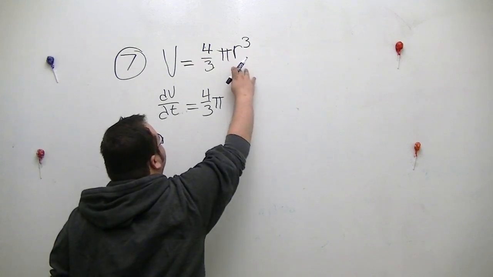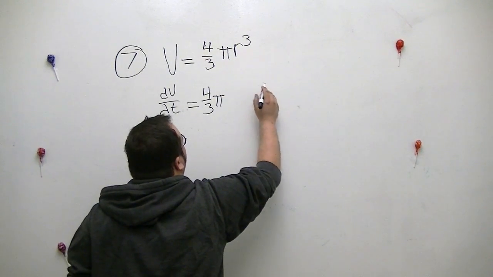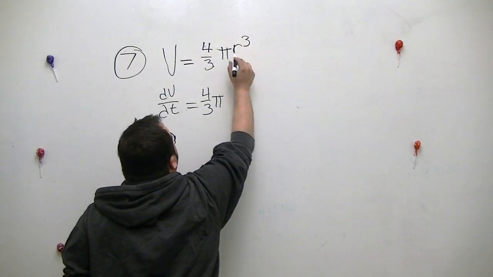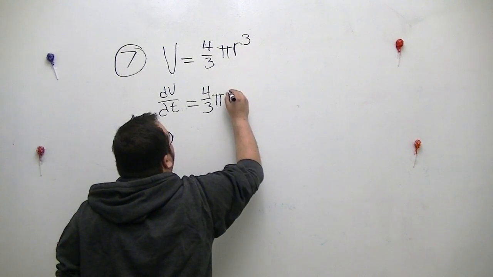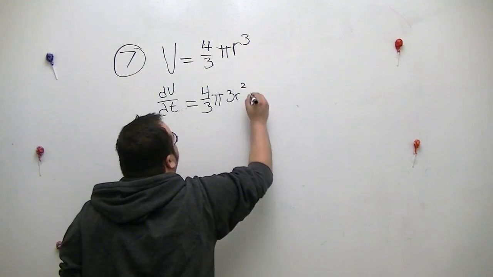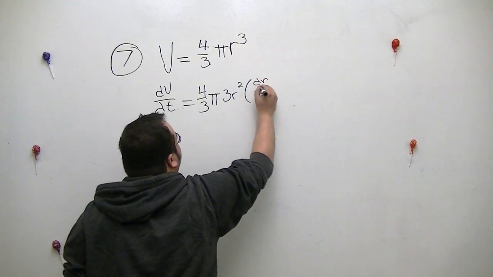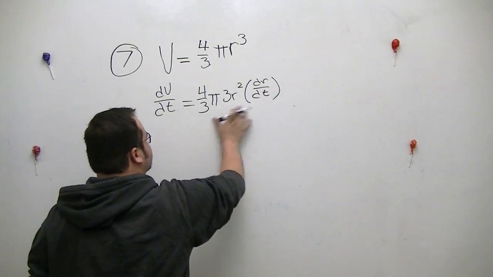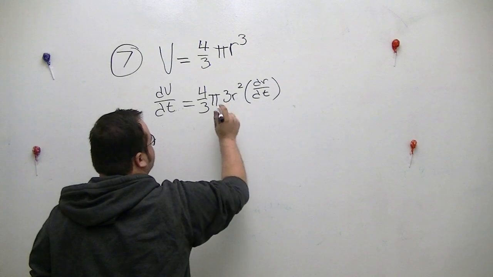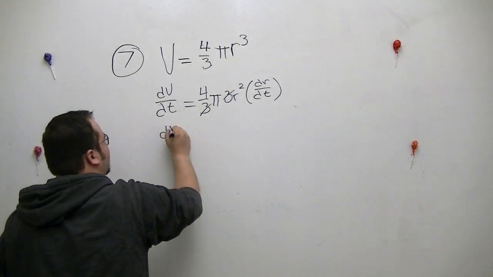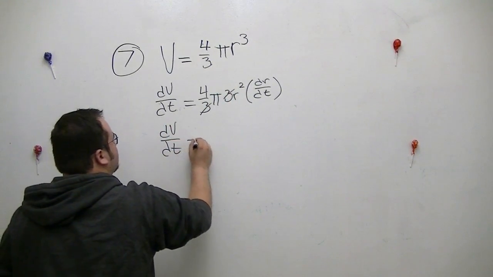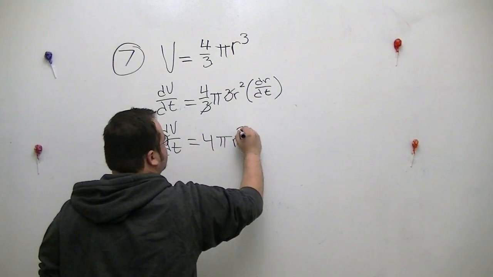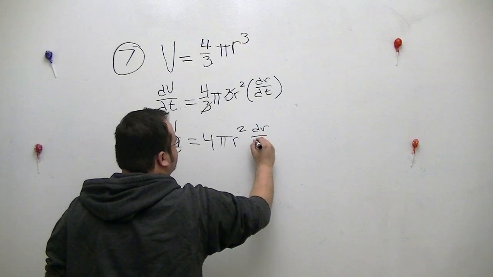Because it's implicit differentiation, we're also going to end up multiplying by dr/dt. So this is like having x here. So this is going to be 3r squared now times dr/dt. Then, once we simplify things, 4/3 times 3, the 3's just cancel, so this can be simplified to dV/dt is equal to 4 pi times r squared times dr/dt.